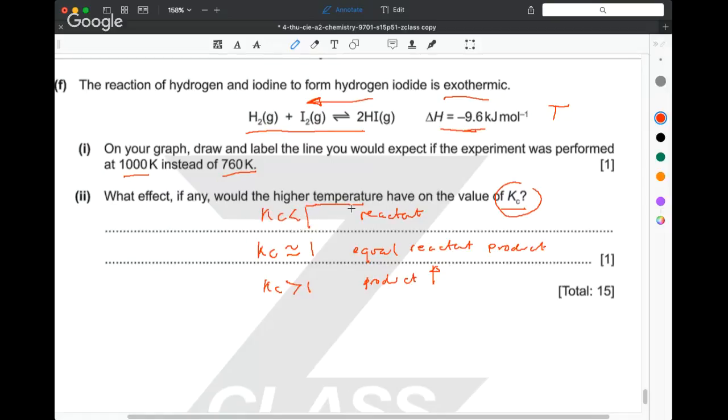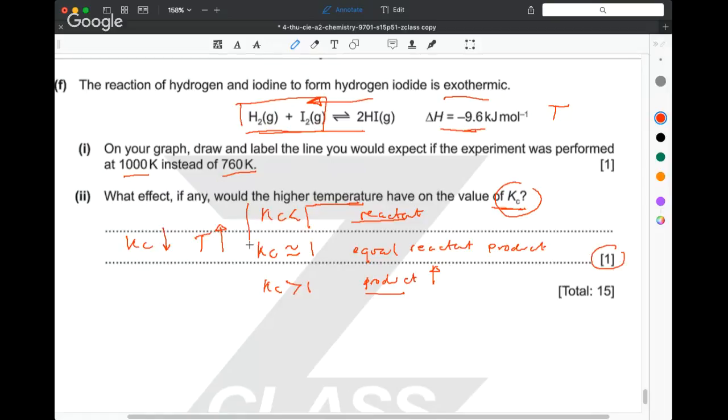So you can see that as you have more and more reactants, the Kc value decreases. Or if you have more and more product, the Kc value increases. And because on this occasion the value of Kc is going to change because we're changing the temperature and we're forming more reactant, then the value of Kc decreases as the temperature increases. And the examiner is expecting 1 mark there.